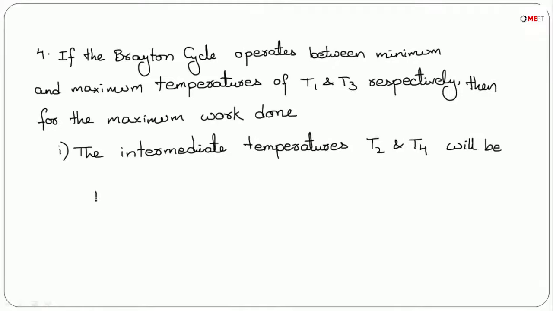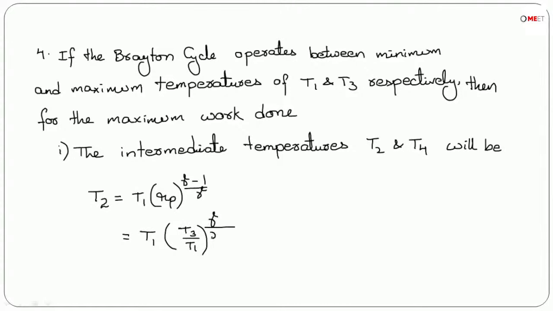see here we know that T2 is equal to T1 into Rp to the power gamma minus 1 by gamma. So for maximum work done, Rp becomes Rp optimum. So therefore we can write this as T1 into T3 by T1 whole to the power gamma by 2 into gamma minus 1 whole power gamma minus 1 by gamma. So these two will get cancelled.